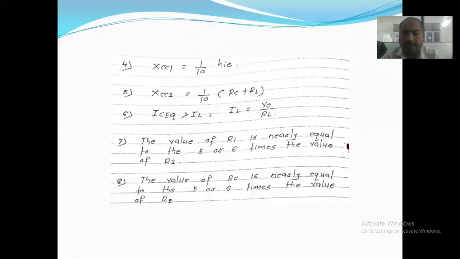Next formula, XCC1, the capacitive reactance of CC1, equals 1/10 of Hie.